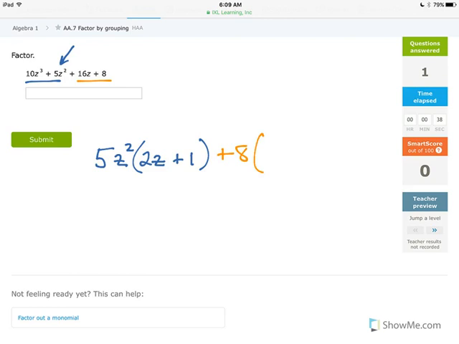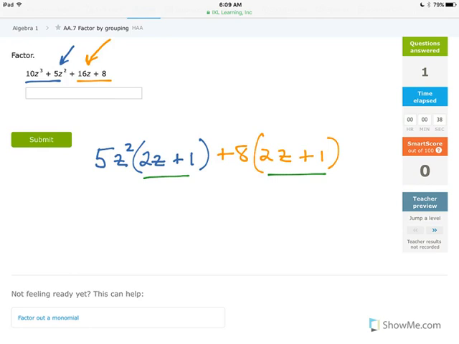That's going to be a 2 and a z, because the 8 times the 2z would get you your 16z, and then plus 1. And again, the trick is that these two always have to be identical. So if they're not working out to be identical, then either you're doing something wrong, or possibly it's not factorable by using this technique, factor by grouping.